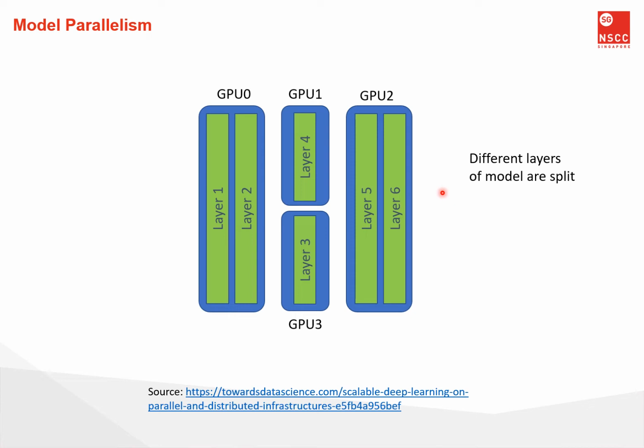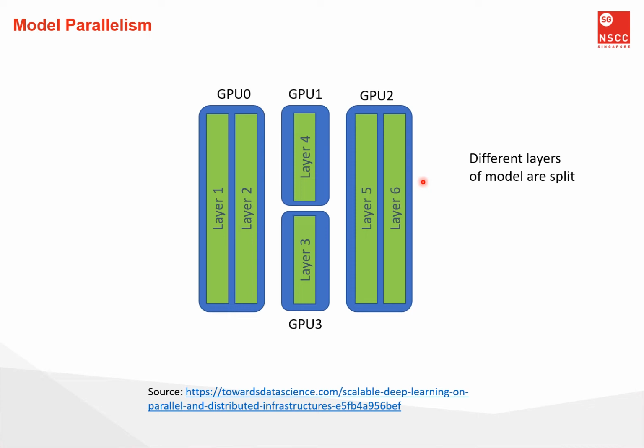Imagine 10 gigabytes of data just to store the model information, and it's going to grow even bigger than that. When we have such huge deep learning models, it's no longer possible to replicate the model across different machines and merely spread out the training data and the training process across multiple machines.